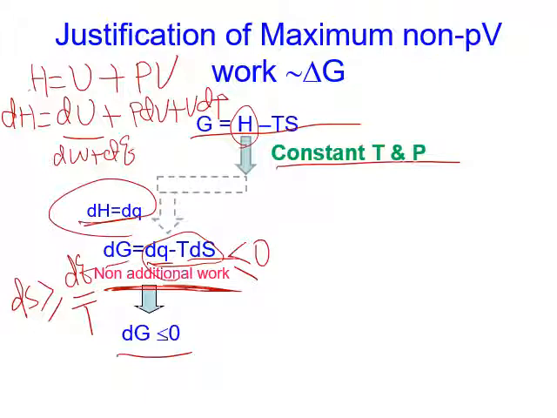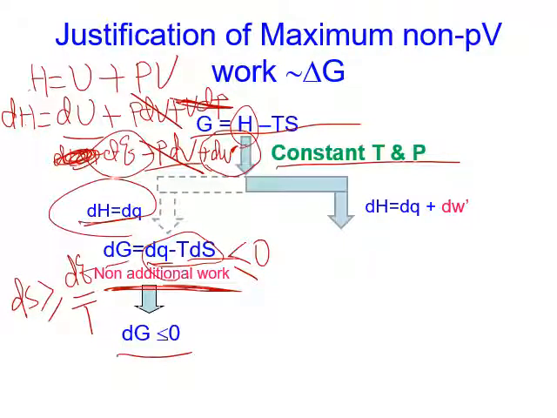But now we have non-PV work, additional work, and therefore this dW we should write in two parts: one due to the volume change, which is negative PdV, plus dW prime, which is the work not due to the volume change. You can see here the PdV terms cancel each other, and if it's constant pressure, dP is 0, so dH equals dQ plus dW prime.